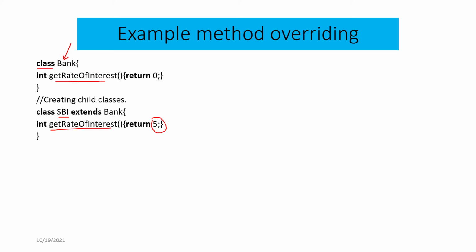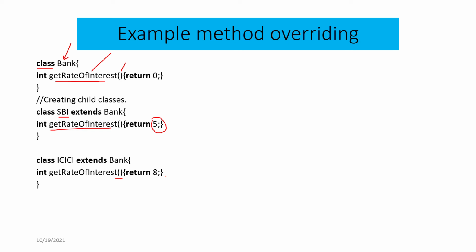Next, I'm creating a second child class, ICICI. Again the same method, whatever method name I have used in the parent class, the same method I am using here also: integer getRateOfInterest. I didn't use any parameter, so it is an empty parameter, and what it is returning is 8.